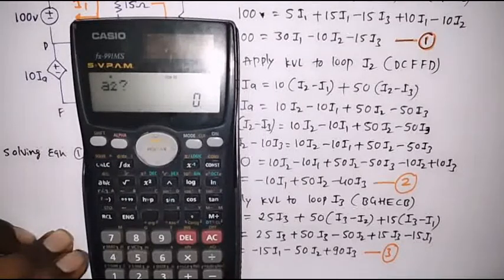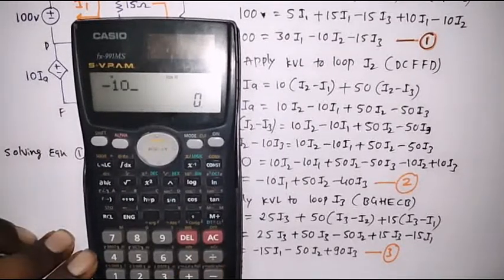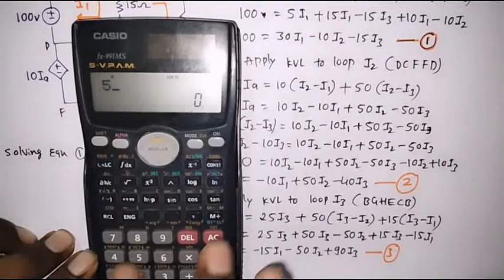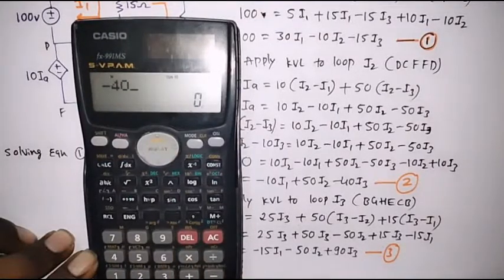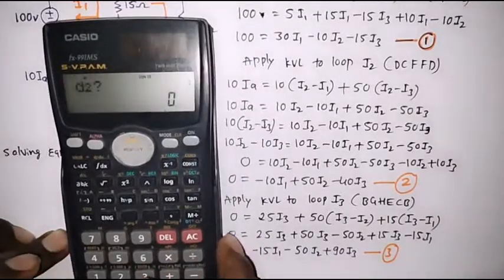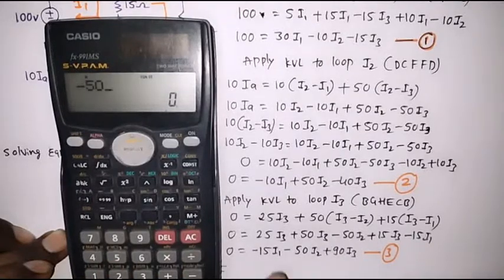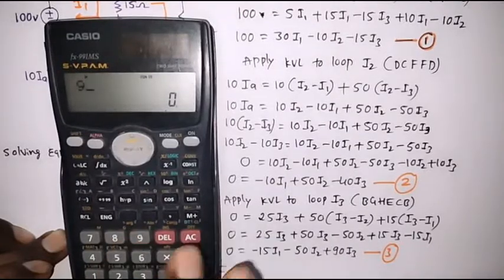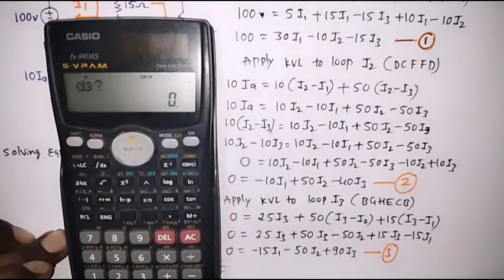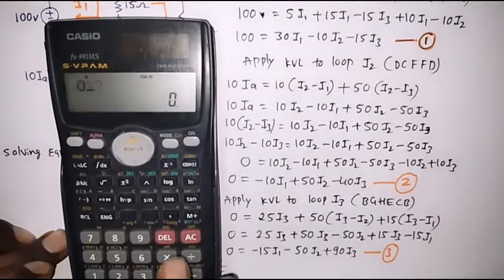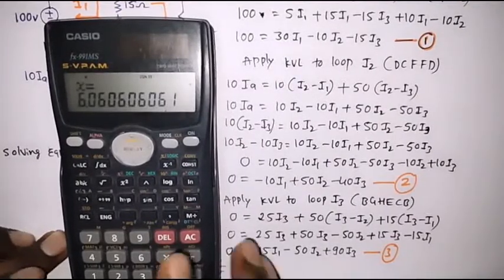In the second equation, the coefficient of I1 is minus 10, I2 is 50, I3 is minus 40 and the voltage value is 0. In the third equation, the I1 coefficient is minus 15, I2 is minus 50 and I3 is 90. The voltage value is 0.